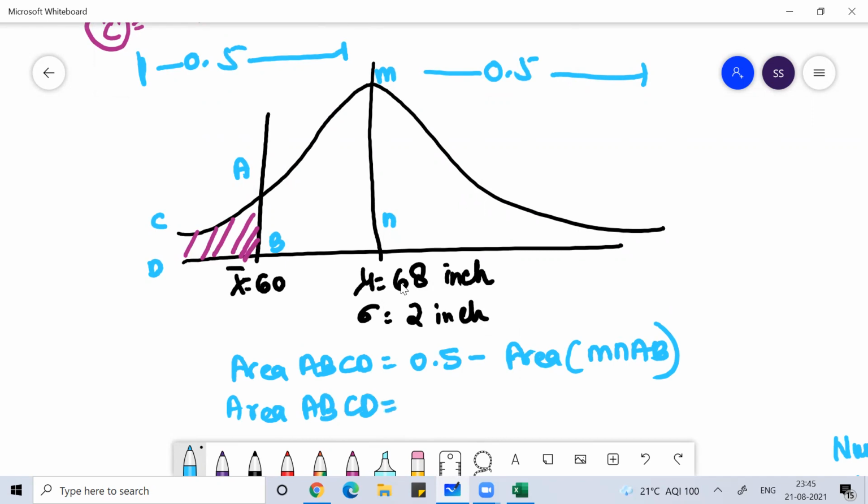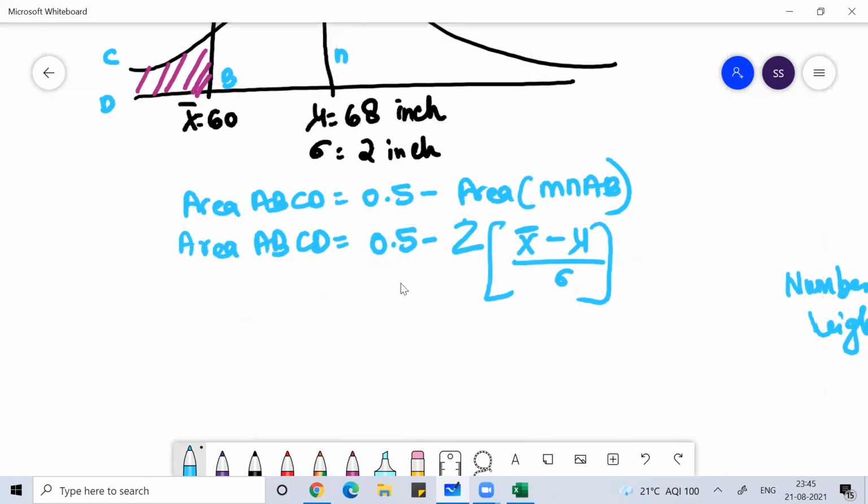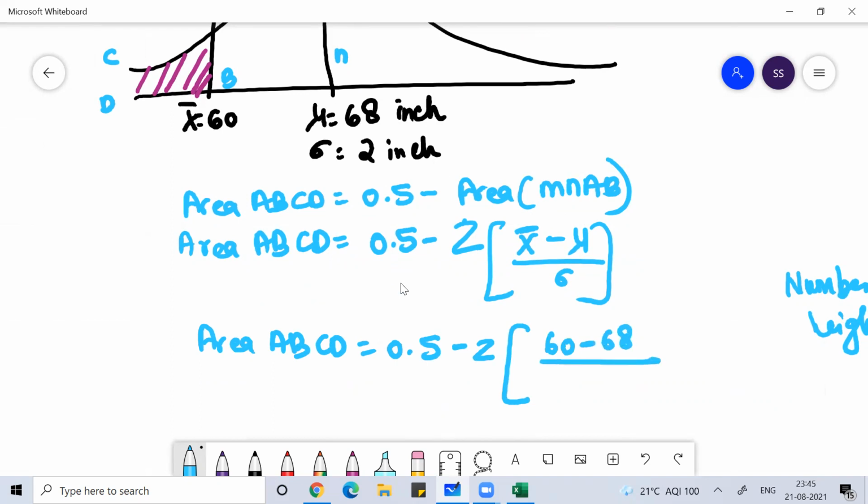So the area ABCD will be 0.5 minus the area M, A, B, which you can easily find by using the formula x bar minus mu by sigma. So the area ABCD will be 0.5 minus the z value corresponding to x bar 60 minus mu 68 by sigma.